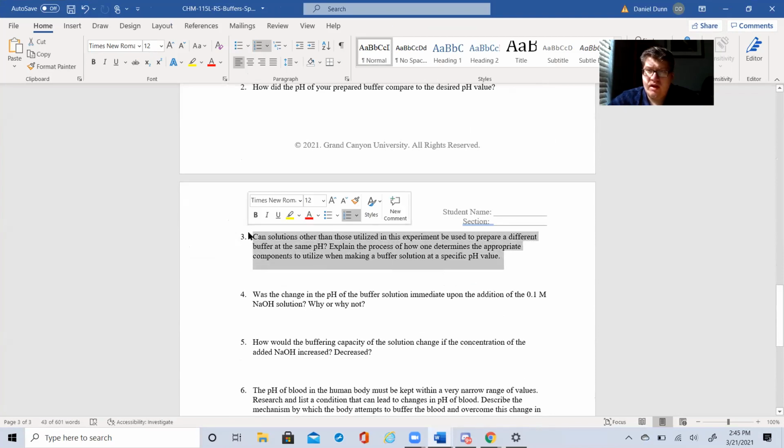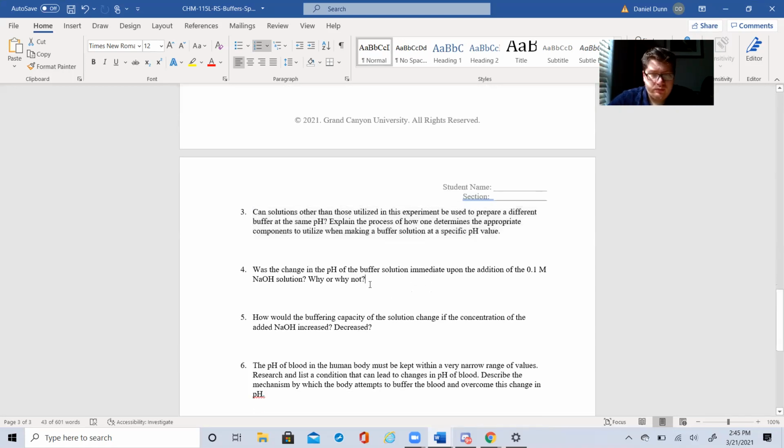This one right here is a free game one. Try your best to explain it. I'm just going to give you points if you put anything, but please try. It's really an interesting way of looking at it. And basically, can you use other things besides the things in your buffer to make a similar pH range for your buffer? Yes or no?